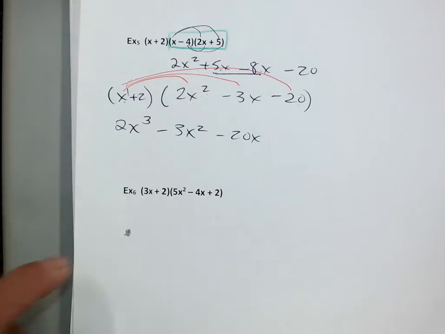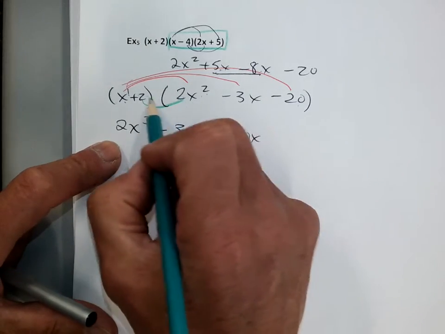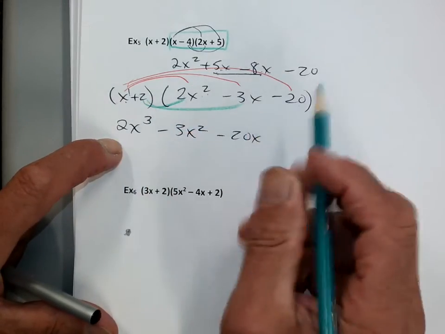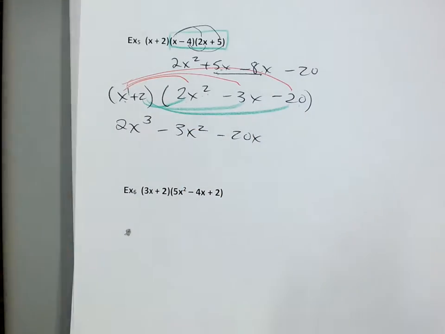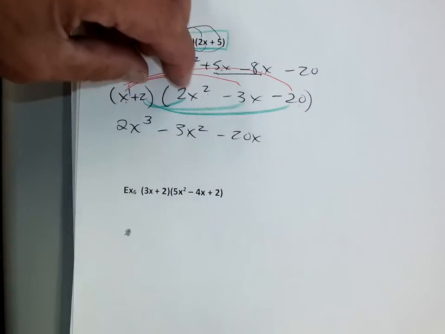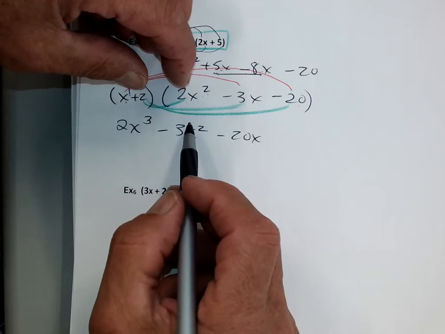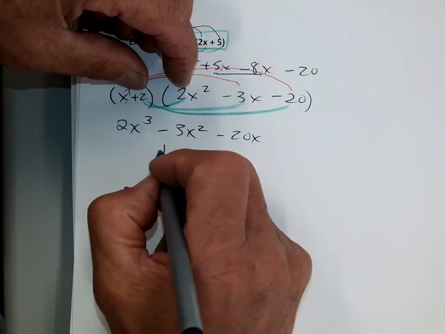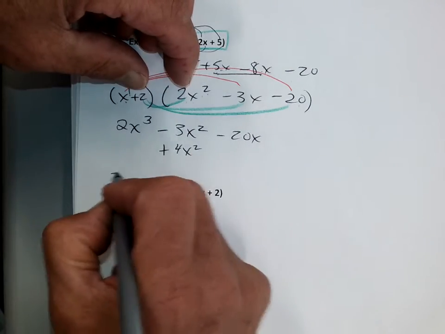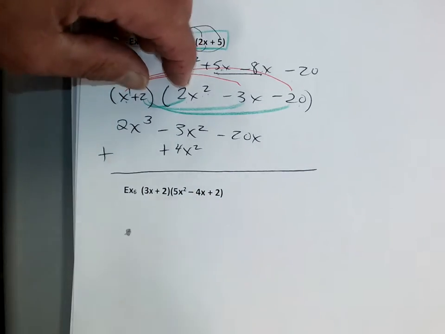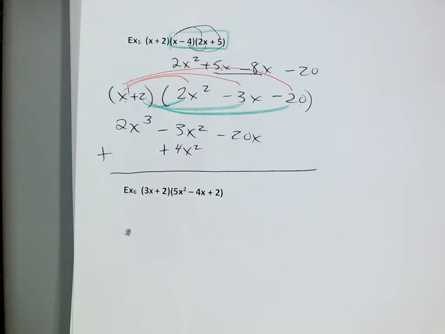Now, I'll come through and I'll multiply 2 times 2x squared, 2 times negative 3, and 2 times negative 20. So, 2 times 2x squared is a 4x squared, but I'm going to put it here because eventually I need to combine terms, so why not line them up with the one they belong to?